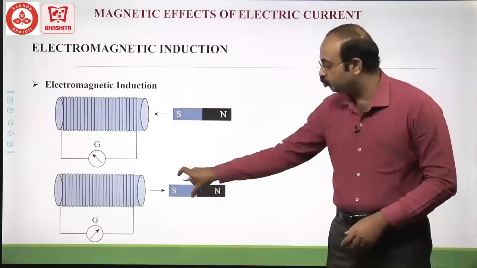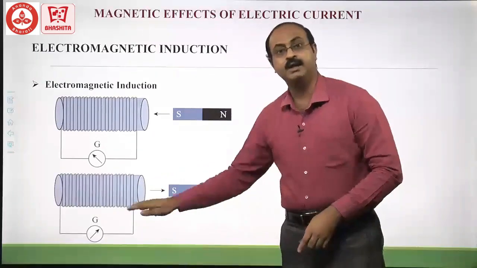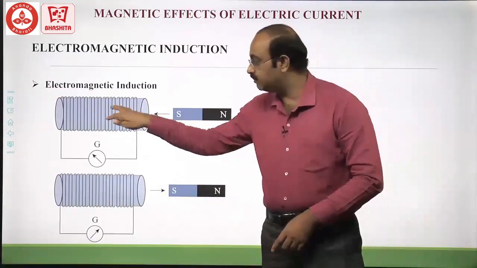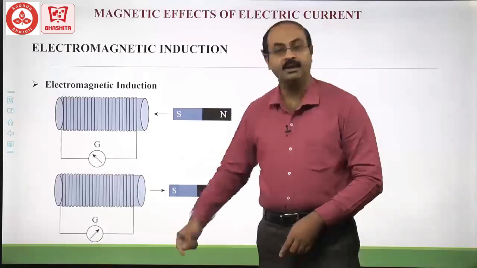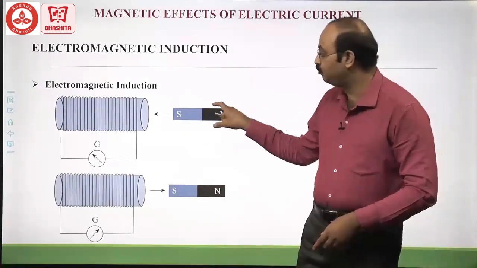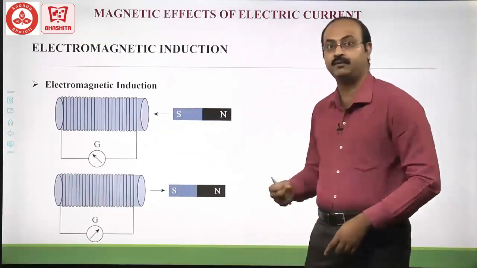When you move the bar magnet away, the deflection gets reversed again, indicating that some current is being induced, because the galvanometer is showing a deflection of the needle. So this is due to the movement of the bar magnet either towards the coil or away from the coil.